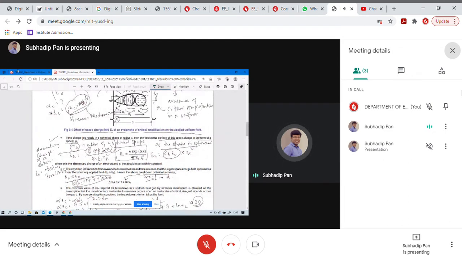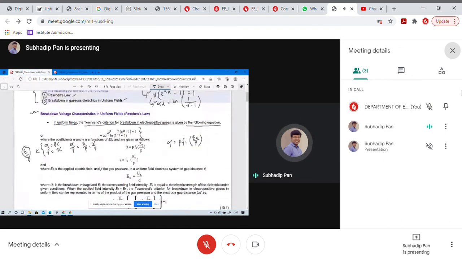E0 is actually your electric field. So E0 by P, and lambda is equal to a function of E0 by P, right? These are the two equations.